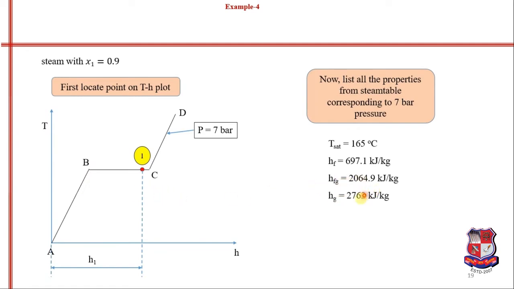And hg, the enthalpy of dry saturated steam, meaning enthalpy up to point C, is 2762 kilojoule per kg. Specific volume of fluid, the specific volume of saturated liquid, is this much, and specific volume of gas, meaning specific volume of dry saturated steam at point C, is 0.273 meter cube per kg. Saturation temperature is 165 degrees Celsius.